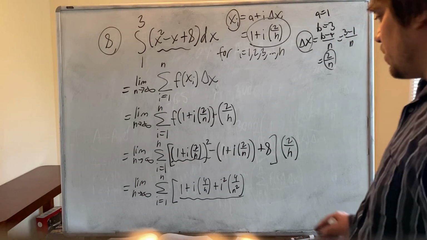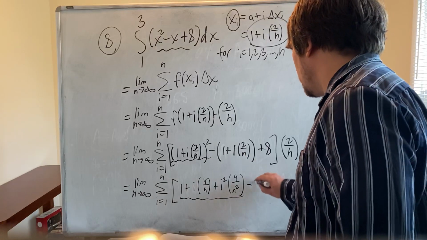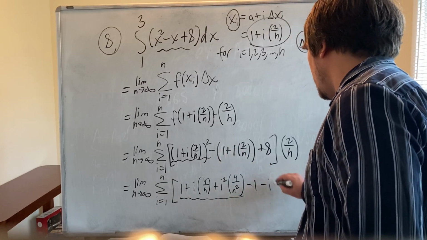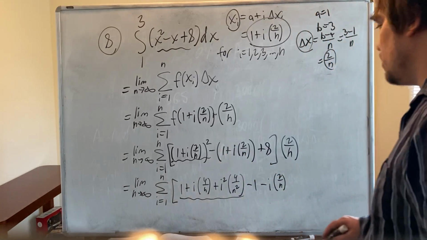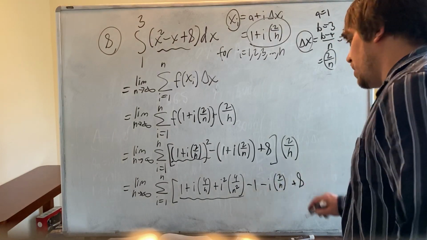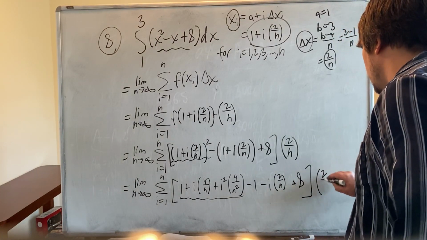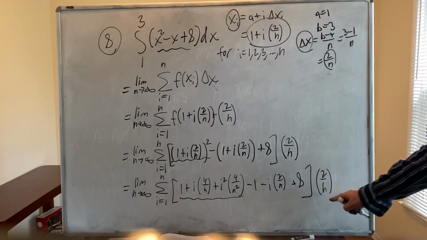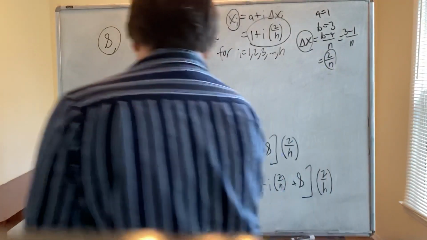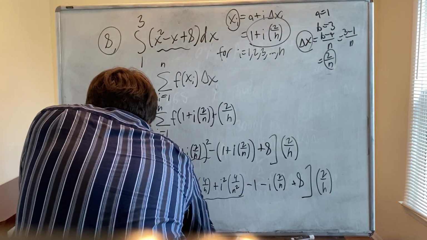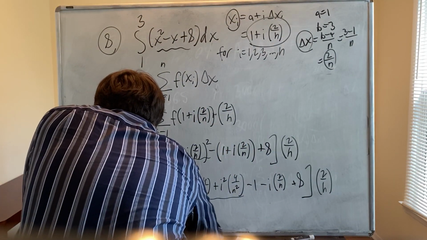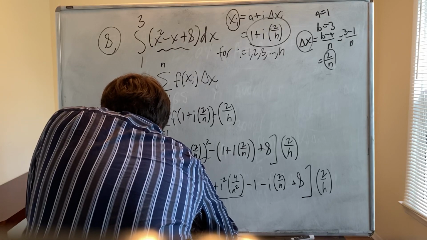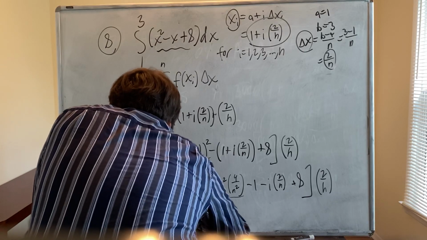And then it's minus 1 minus i times 2 over n. You might need practice doing this arithmetic, but it's just arithmetic, just basically algebra, times 2 over n here.